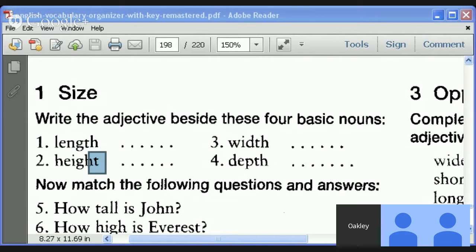Okay. How about number 3? Natalia, how about width? Width. Let me see. Maybe width.